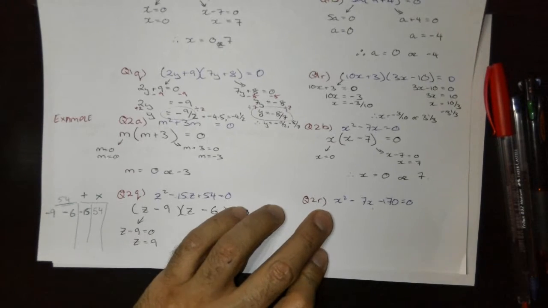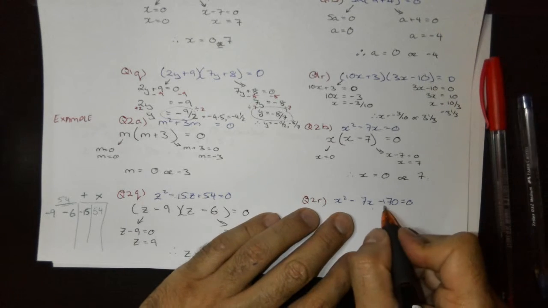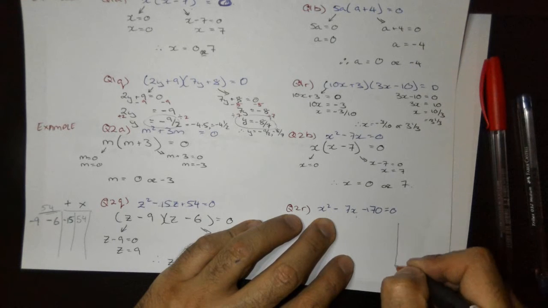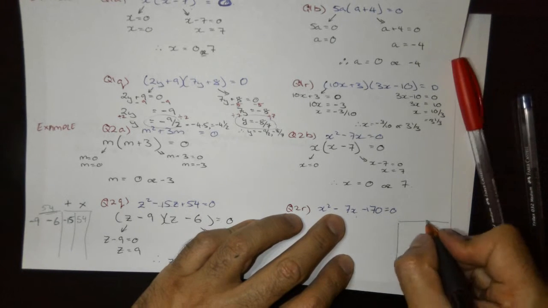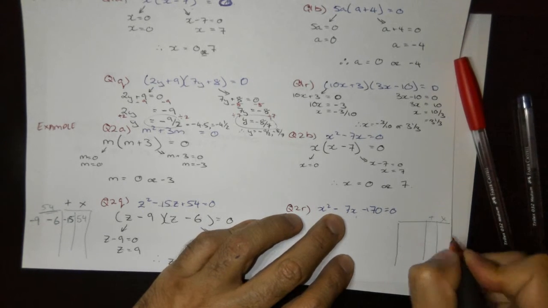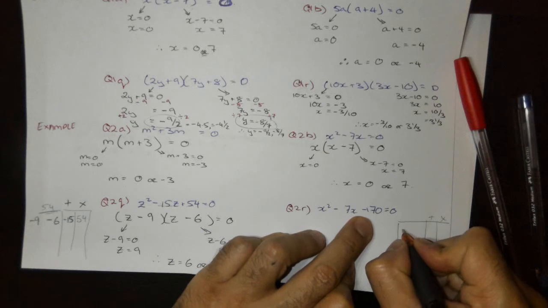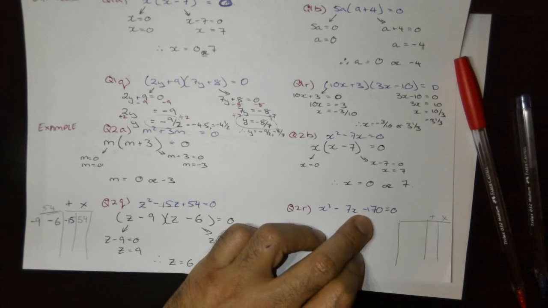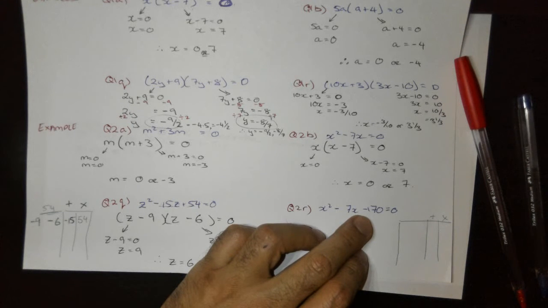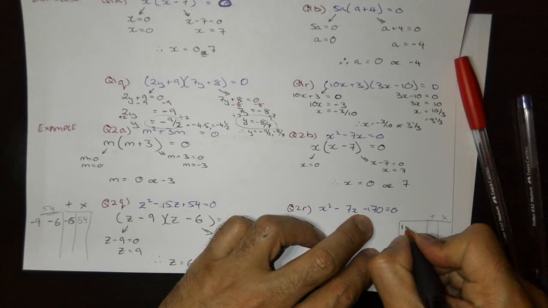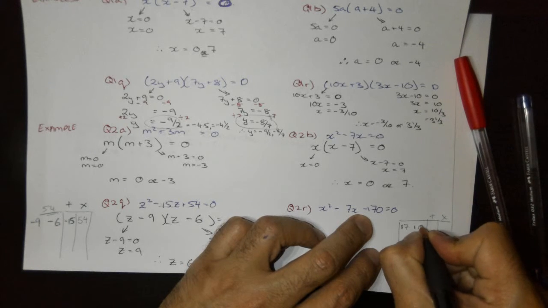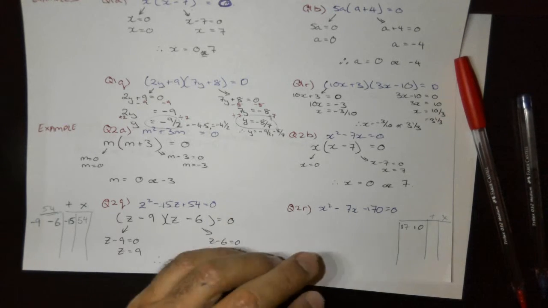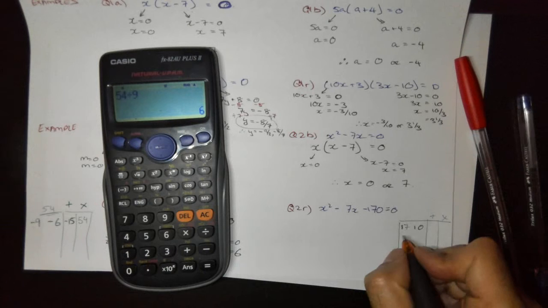Okay, so here I'm looking at 170. So I want two numbers that add and multiply to give the right values. Let's try 17 and 10, because 17 times 10 will make 170.